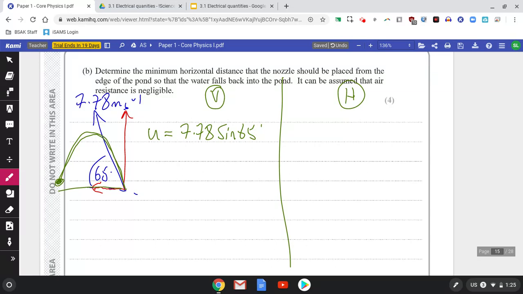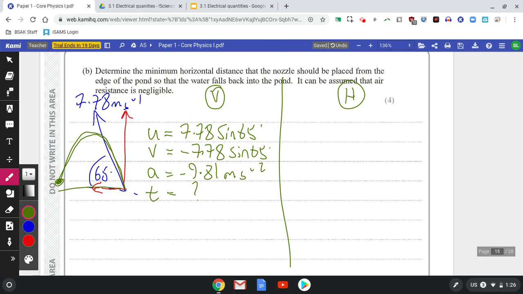Now the water, when it hits here, is going to have a vertical velocity of minus 7.78 sine 65, if we can ignore air resistance. Now the acceleration, minus 9.81. Now the time we want to calculate.